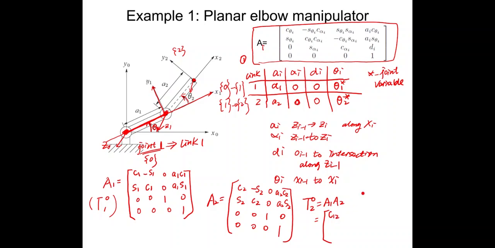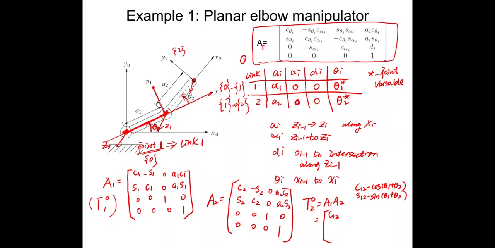C12 means cosine of theta 1 plus theta 2, and S12 means sine of theta 1 plus theta 2.